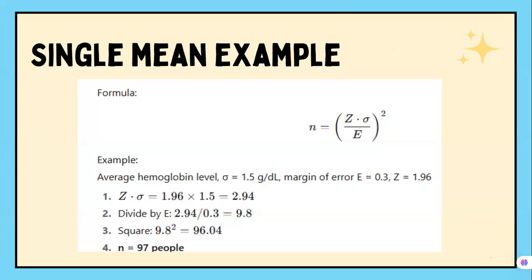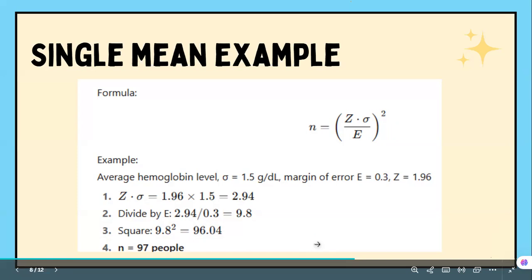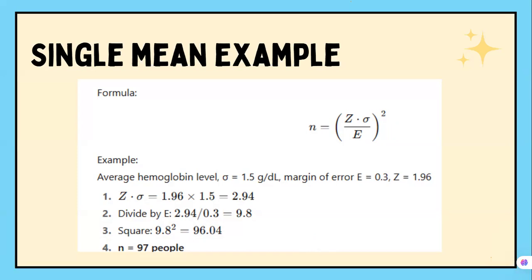If we take a single population with a continuous data type, then in that case the sample size, represented by n, is equal to Z into standard deviation sigma divided by E, then whole square. Here the standard deviation is given from the prior study.